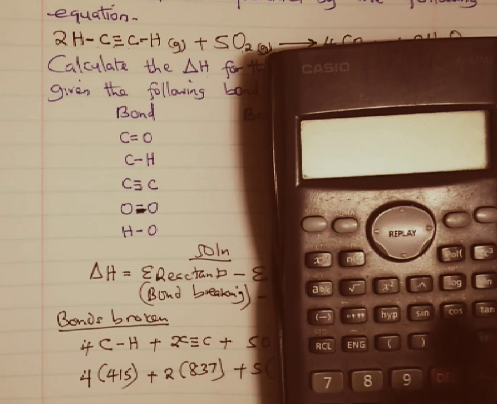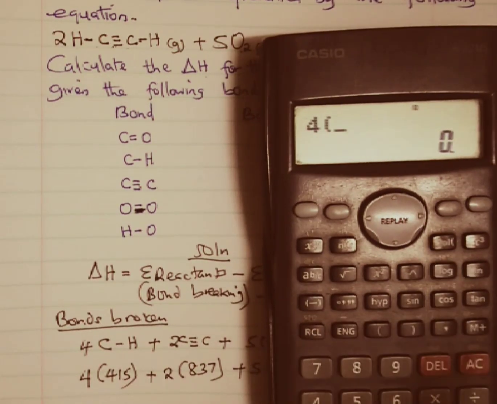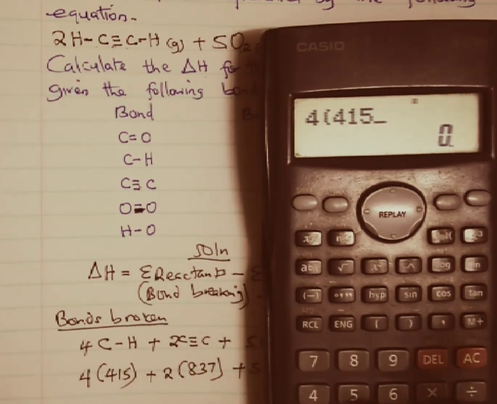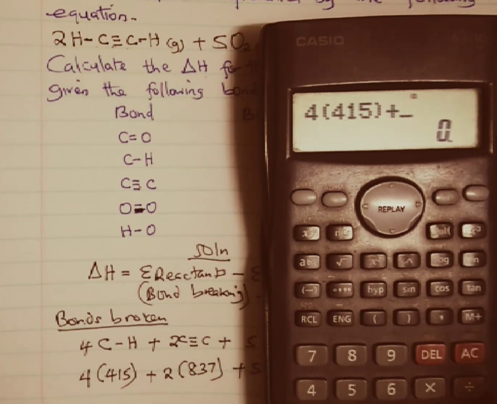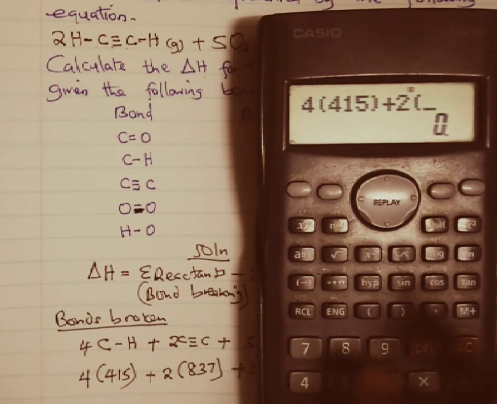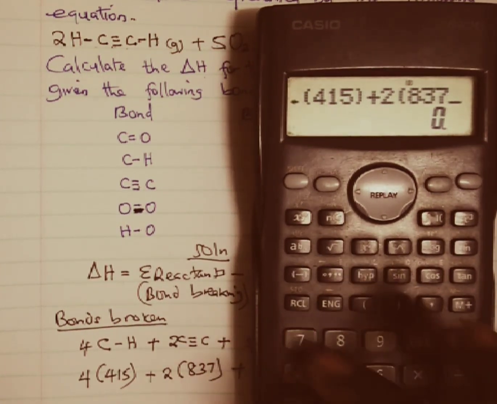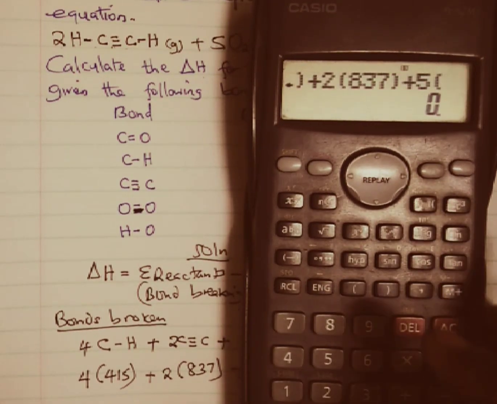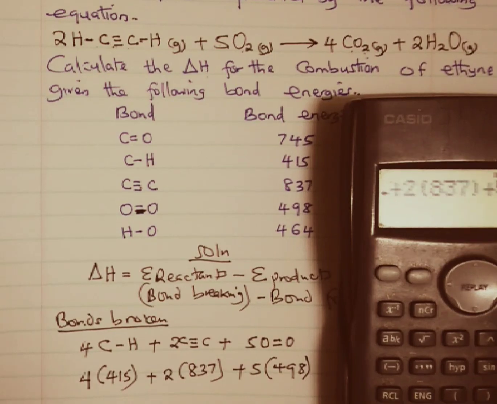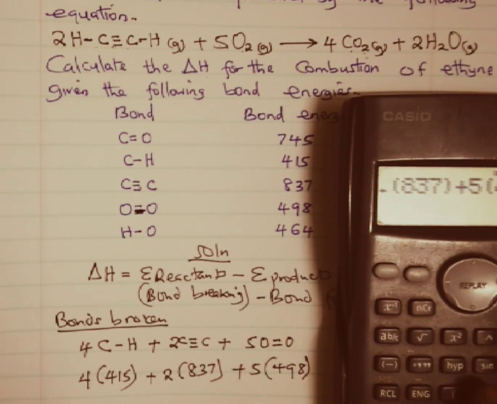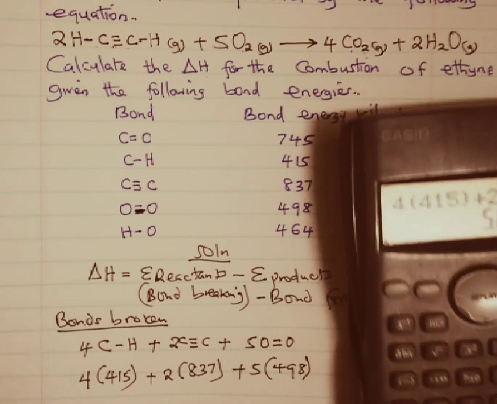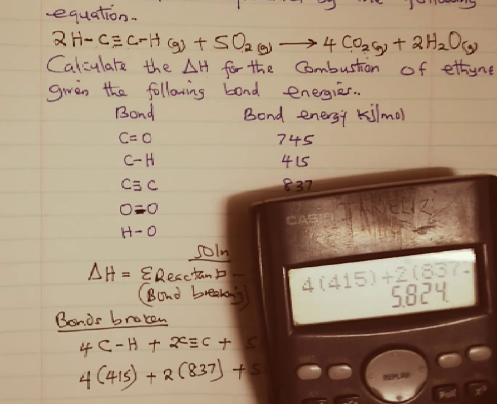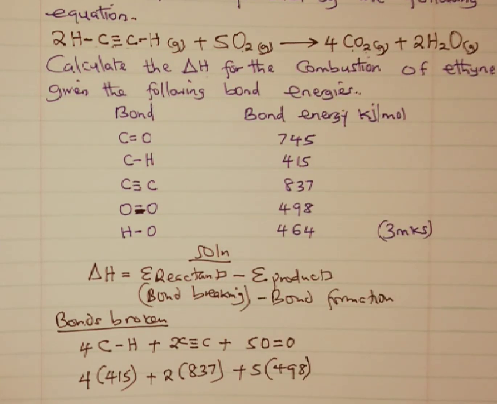In this case, we can use a calculator. We have 4 multiplied by 415, we add twice multiplied by 837, plus 5 multiplied by 498, and this gives us a total of 5824.